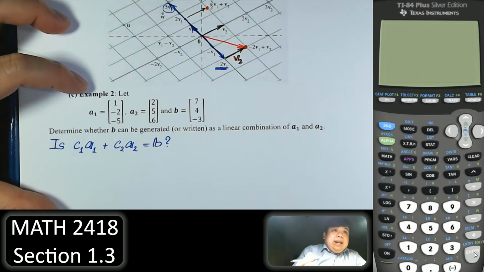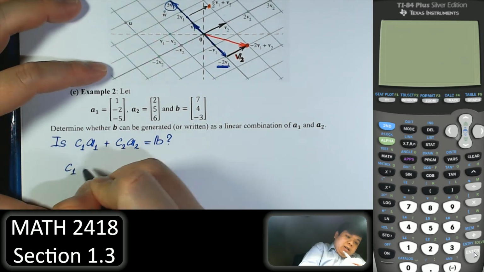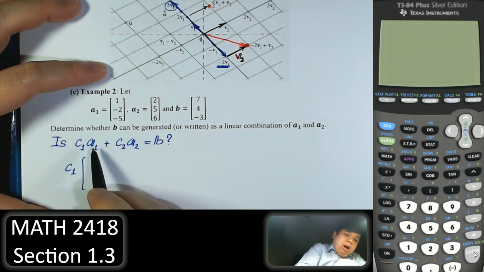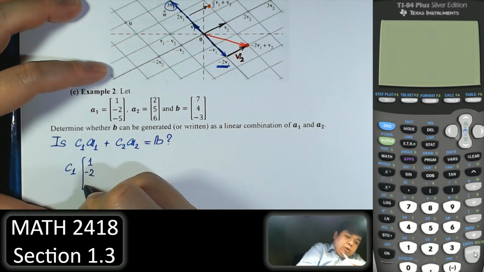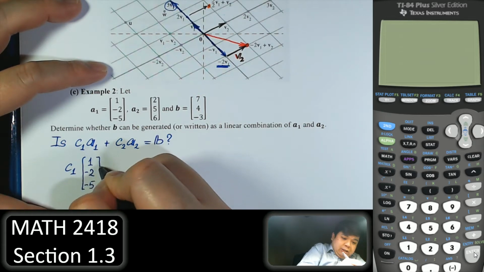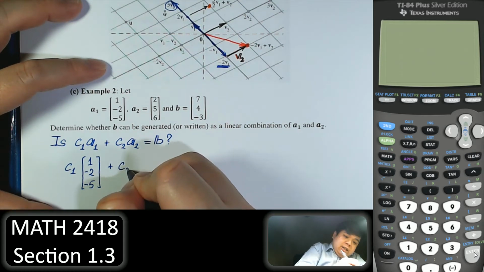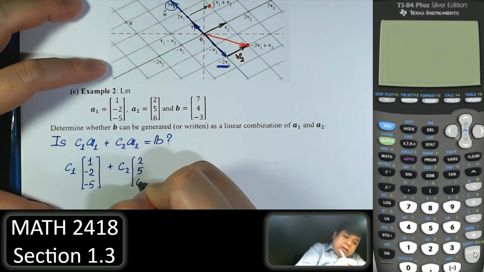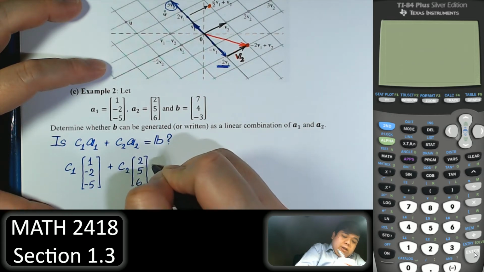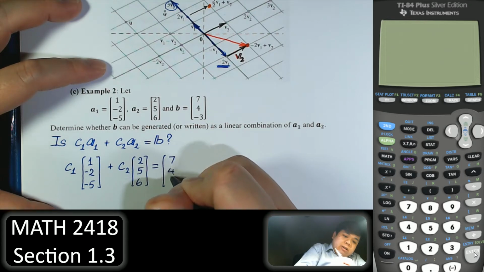Now we just rewrite this as c1 times vector a1, which has 3 components: 1, -2, -5, and c2 times vector a2: 2, 5, and 6. Is that equal to this vector?